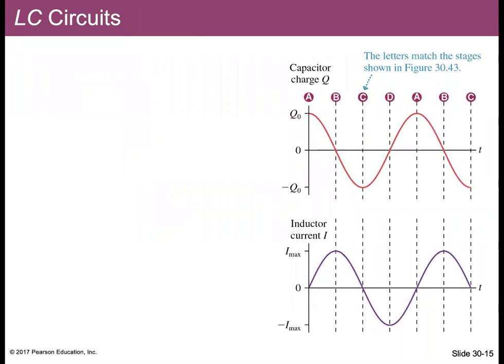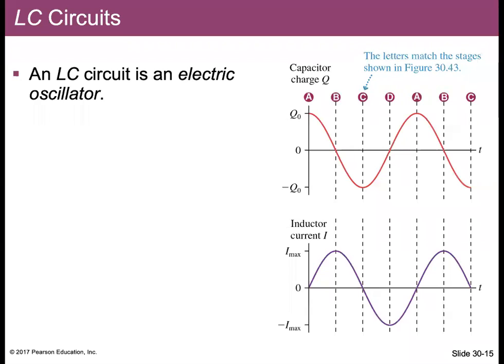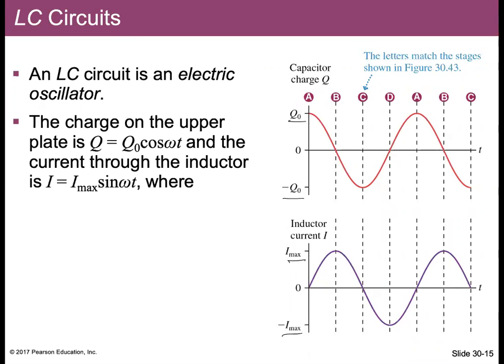So we just saw the full circuit, and what we see is that an LC circuit is an electric oscillator that's going back and forth between positive Q0 and negative Q0. And the current is going between its maximum speeds in both directions. The charge in the upper plate is Q equals Q0 cos omega t.